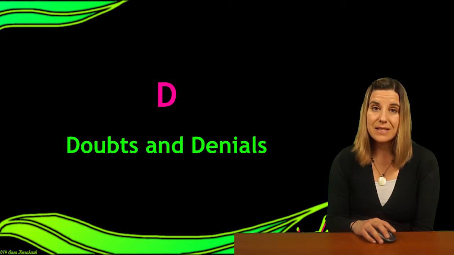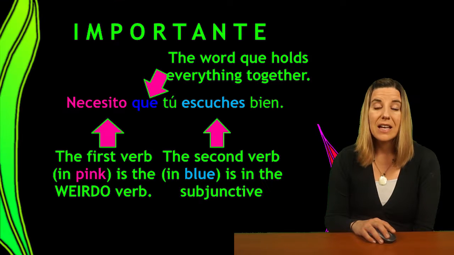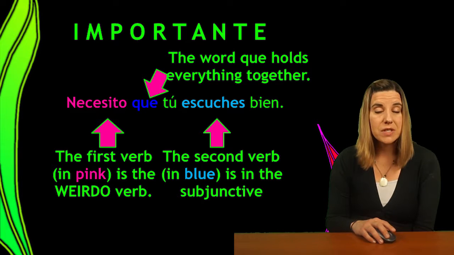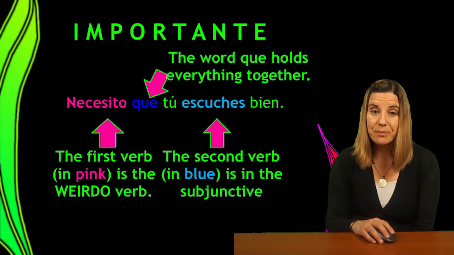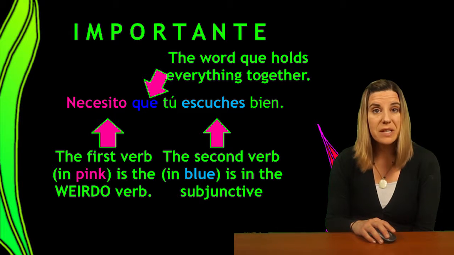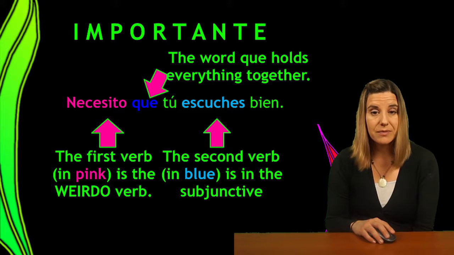D, doubt and denial. O, ojalá. Necesito que tú escuches bien. The first verb in the pink is the weirdo verb. The second verb is forced into the subjunctive, and it's all held together with que.